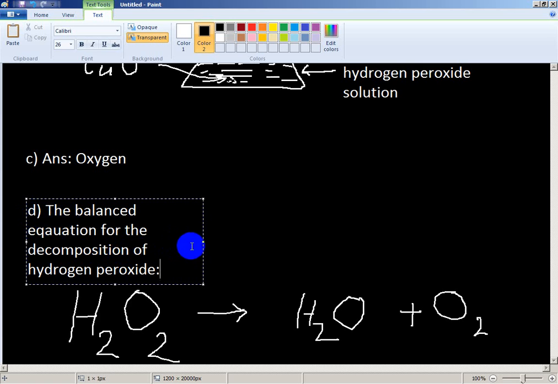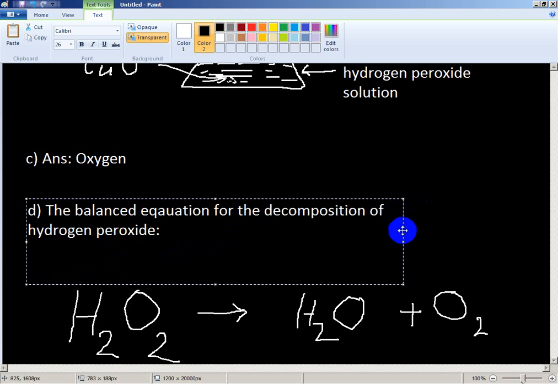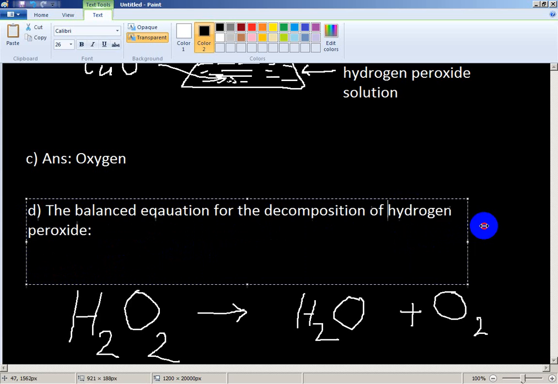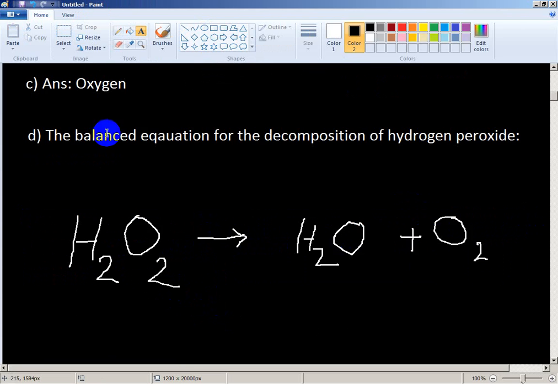The balanced equation for the hydrogen peroxide. Okay, is it a balanced equation? How many hydrogen here? Hydrogen here is 2.